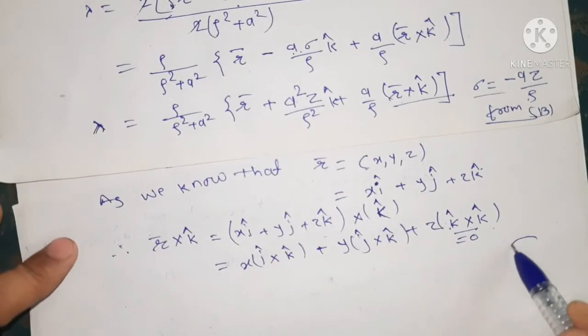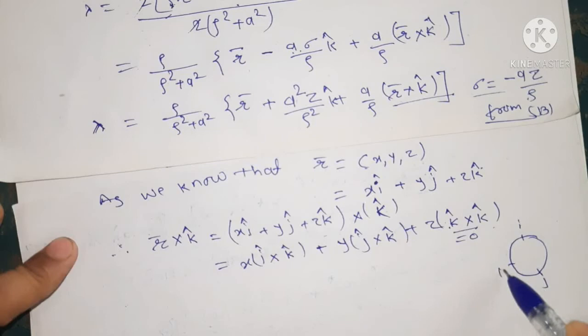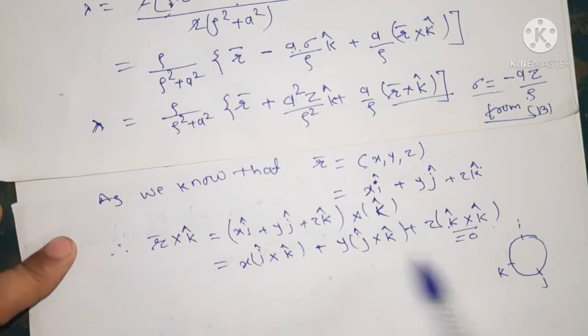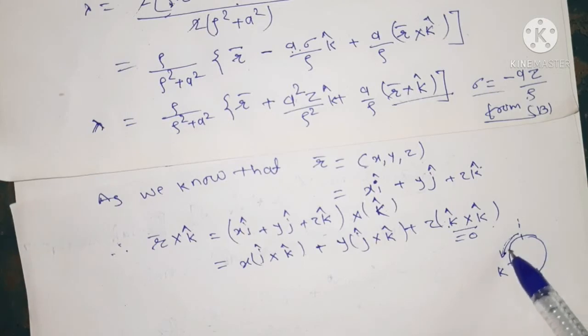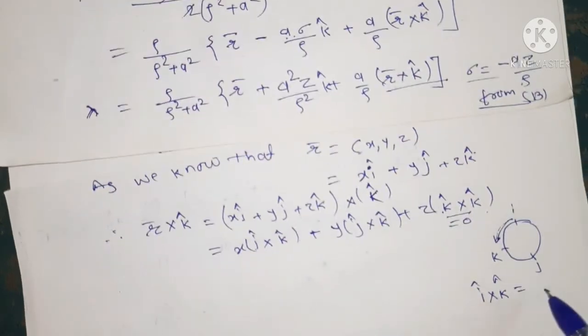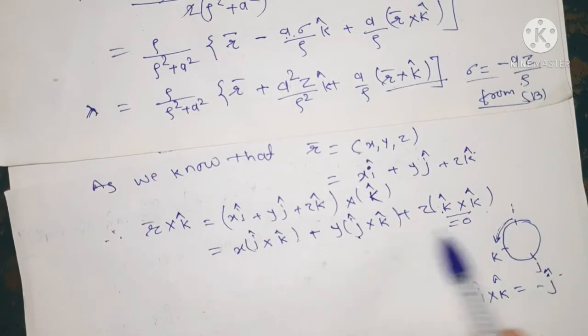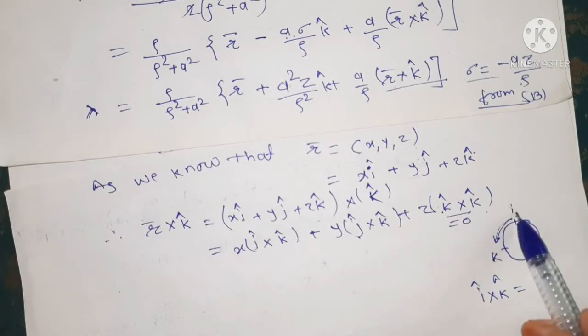Also in the cyclic notation, here it is i, then j, then k. The cross product of i cross k is in the inverse, that is, it is anti-clockwise. So i cross k cap will give minus j cap because this is an anti-clockwise rotation, and the cross product of j cross k will give you i.